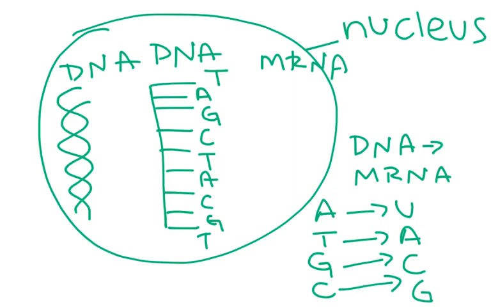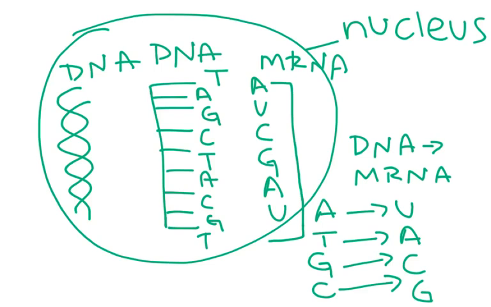So now we need to find the corresponding strand of mRNA that matches up with the DNA that we have. T will go to A, A will go to U, G will go to C, C will go to G, T will go to A, A will go to U, C will go to G, G will go to C, and T will go to A. So there's our mRNA strand, and that's transcription.